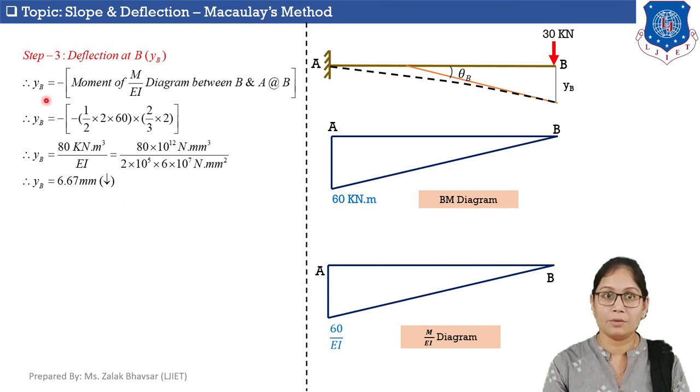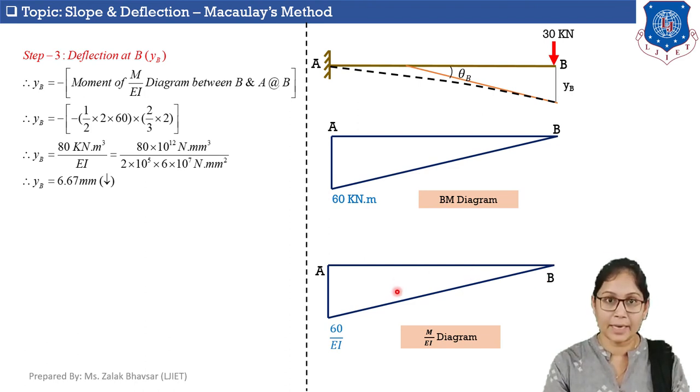So YB is equal to minus the moment of the M upon EI diagram between point B and A about point B. Here, the moment of the M upon EI diagram about point B is nothing but the area of this triangle into the distance of the CG of this triangle from point B.